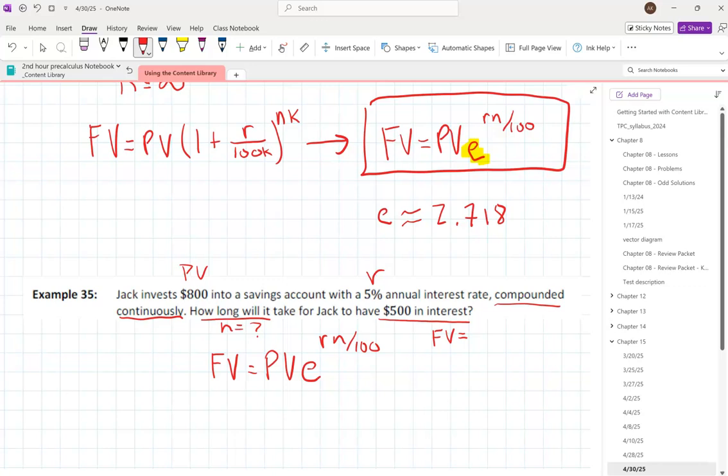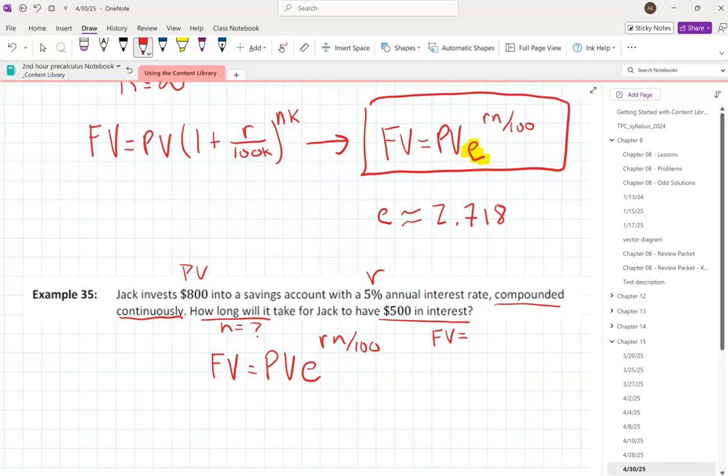It says, how long will it take for Jack to have $500 in interest? So how much did Jack start with? 800. When will he have $500 in interest?